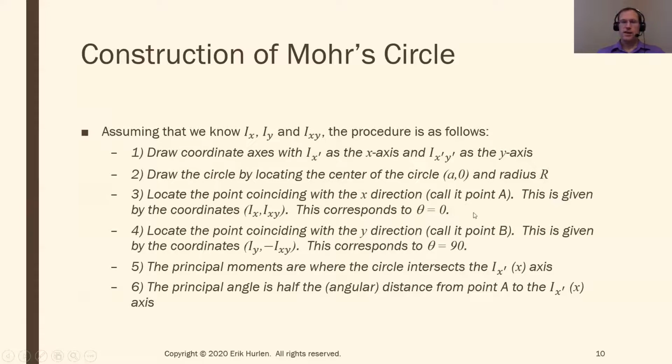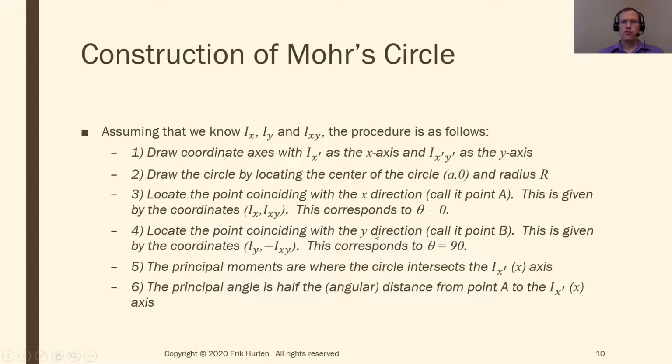The way to find that is to realize that at the x-axis, at that angle theta, my x prime moment of inertia will just be Ix, and my x prime y prime product of inertia will just be Ixy. That's my original axis, so that tells me where my original axis is on Mohr's circle. That corresponds to theta equals 0 in real life.